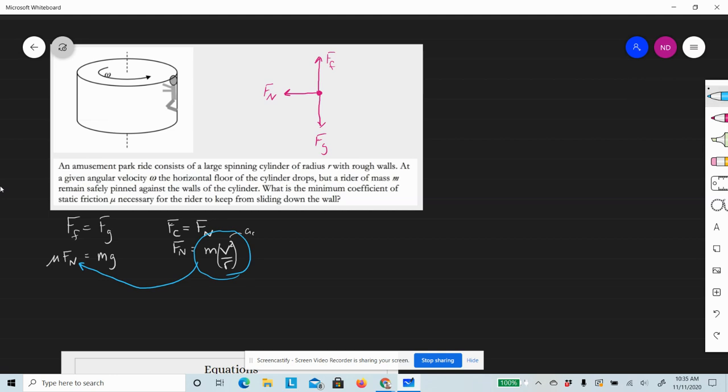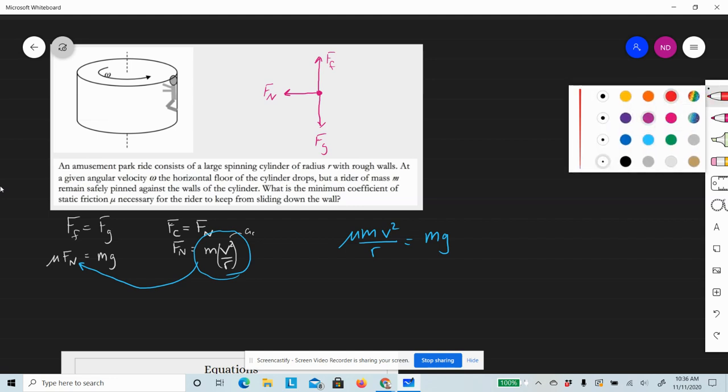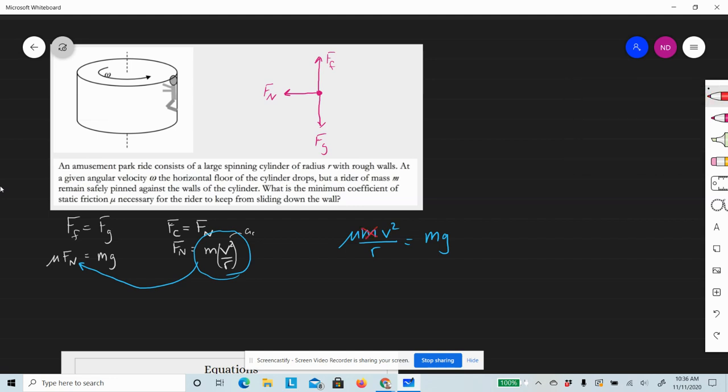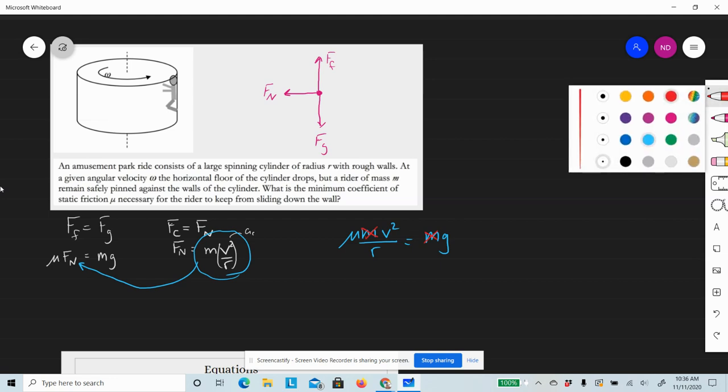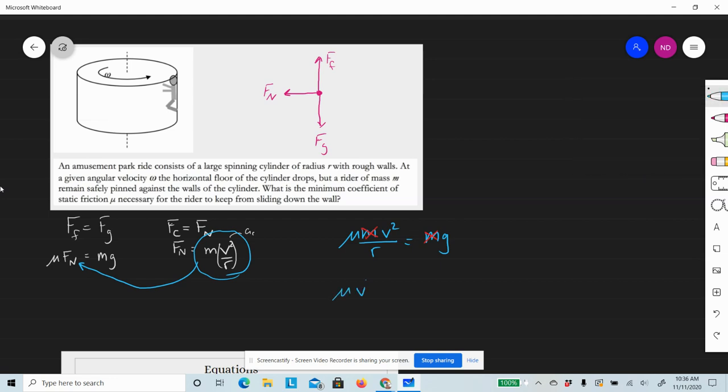We get a new equation: mu m v squared over r equals mg. The m's cancel out, so we just get mu v squared over r equals g.